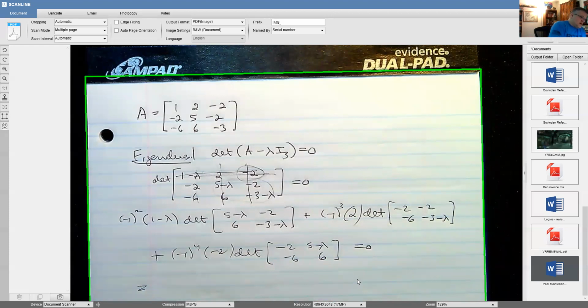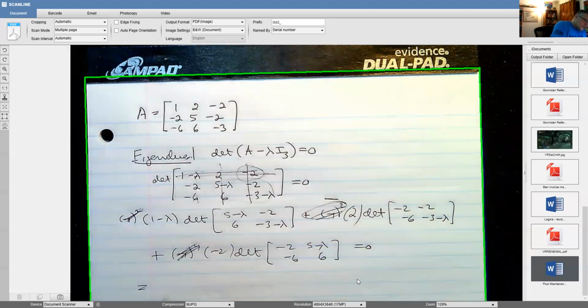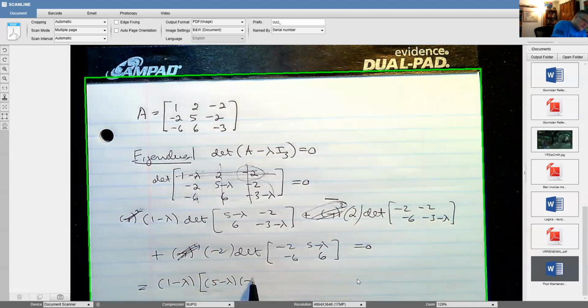All right, well, let's multiply this out. Negative 1 squared, negative 1 to the 4th are just positive 1s. This is just a negative 1. I'm going to compute each of these determinants. So I have 5 minus lambda times -3 minus lambda, minus a negative 12 is plus 12.